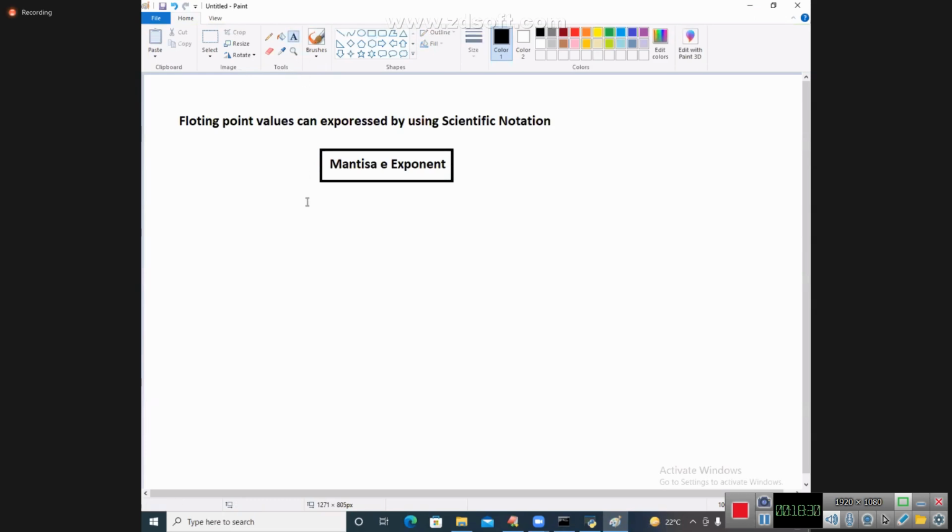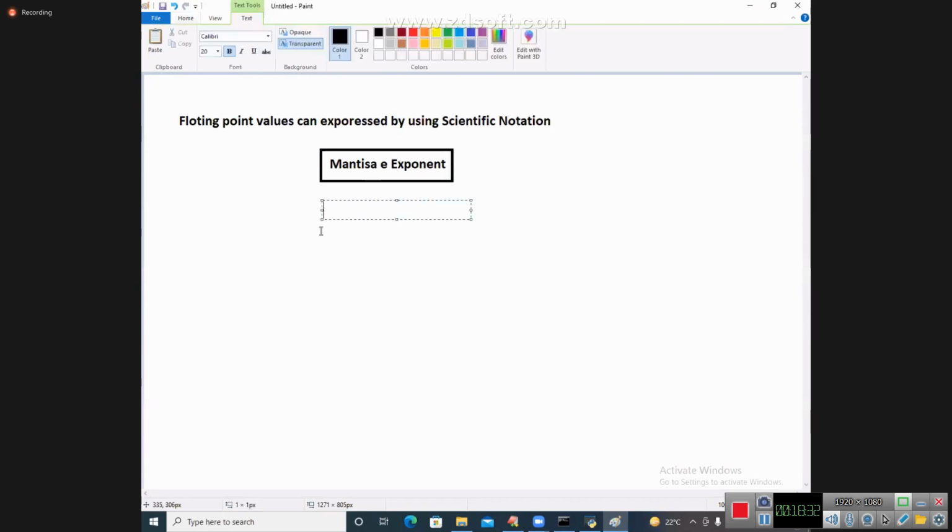How can we calculate? For an example, I am writing 4E2.